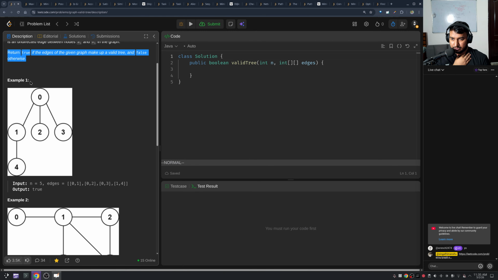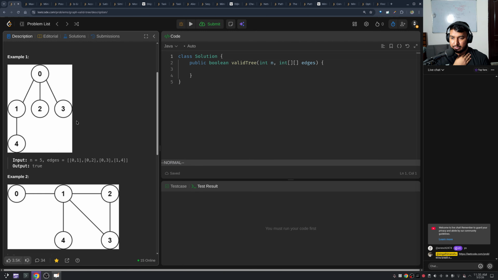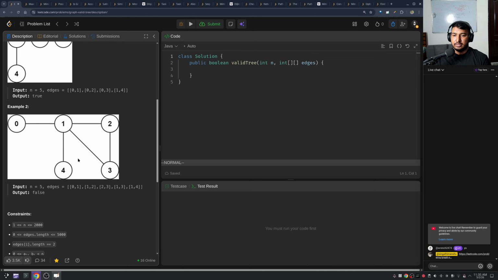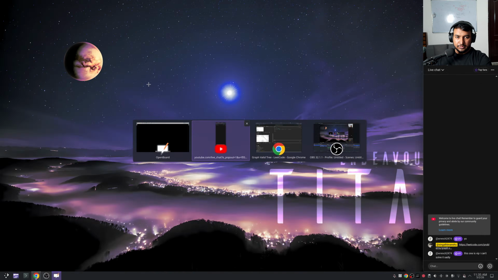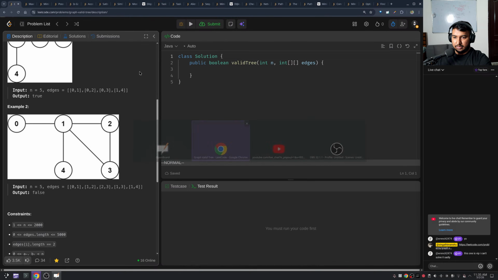So this looks like a valid tree. This doesn't look like a valid tree, and the reason why this particular graph is not valid is what do we have? Let me get the setup fine. So we have 0, 1, 2, then we have 3, and 1 is connecting to 3, and then we have 4.